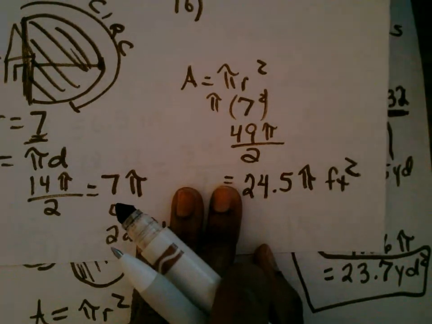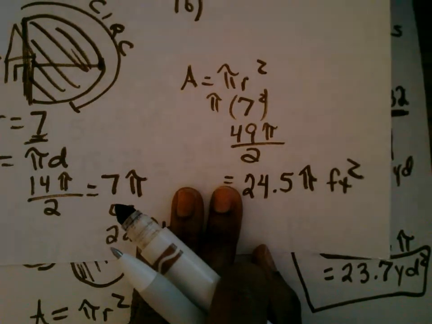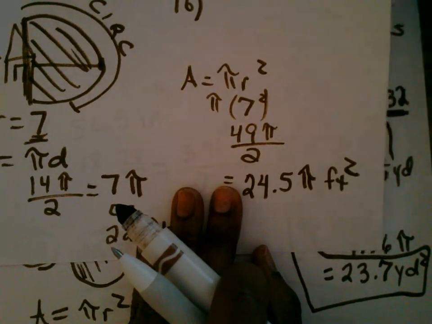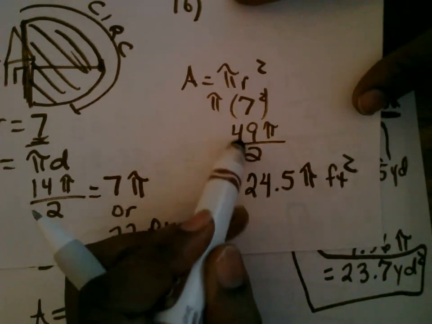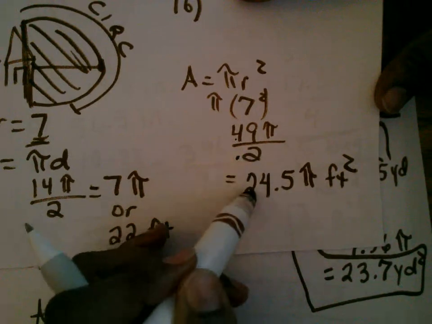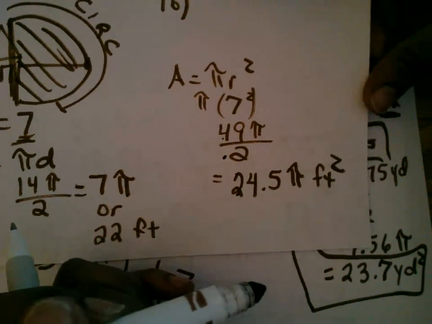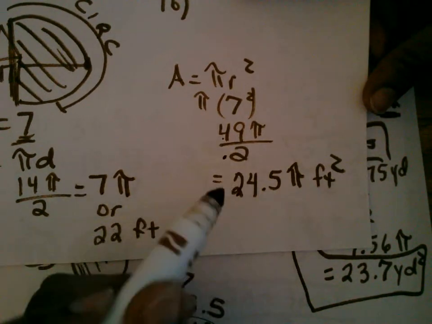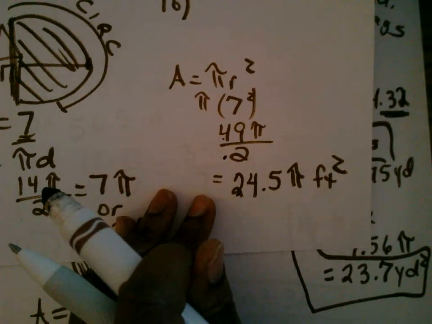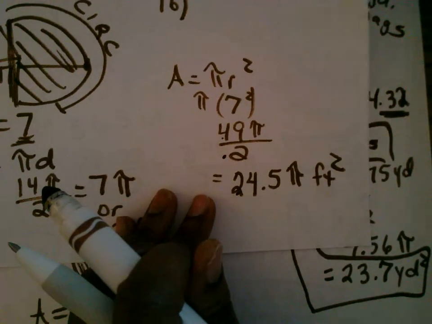Okay. Questions? I don't know how you got 24.5. 49 divided by 2 is 24.5. I got 21.98. Oh, so you just leave the pi?